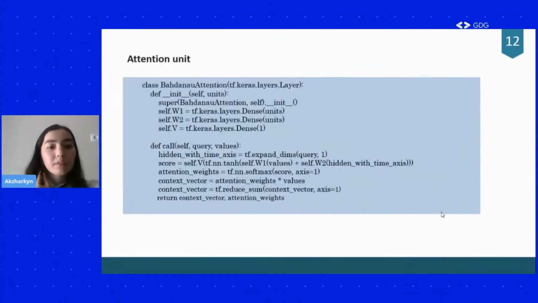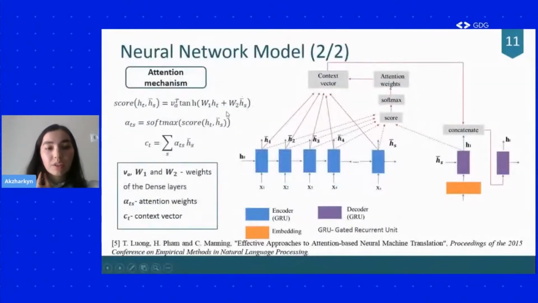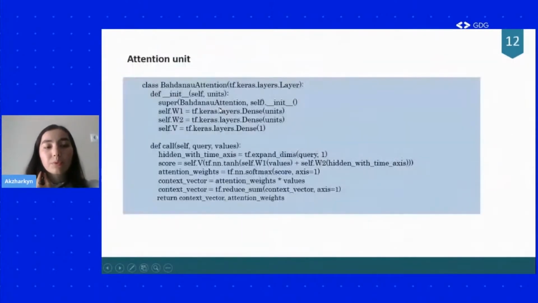And now here is the code, so how the attention unit is implemented. This kind of attention unit is called additive because we add the encoder and decoder hidden states. It was introduced by Bahdanau. That's why it's called after his name. So we have dense layers, and here we just add.